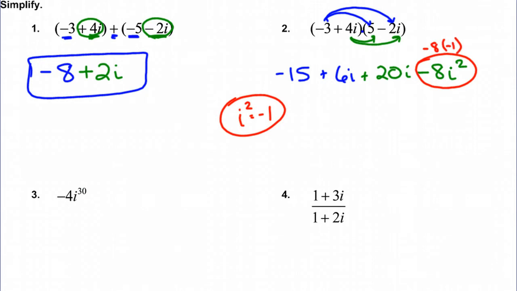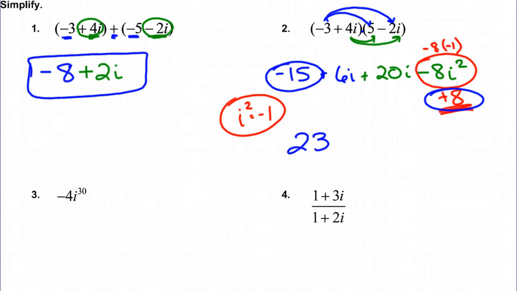Well, -8 times -1 is actually going to make this a plus 8. So instead of having -8i squared there, we're going to treat that as a plus 8 as we begin to collect like terms. So as we collect our like terms, we have -15 and positive 8. That makes positive 23. Excuse me, that is incorrect.